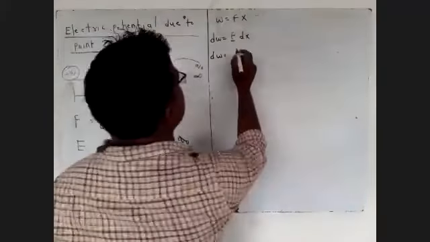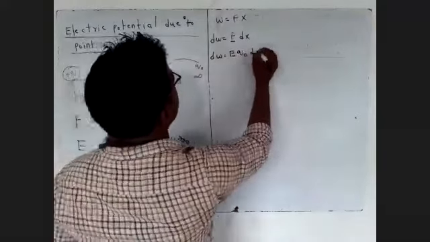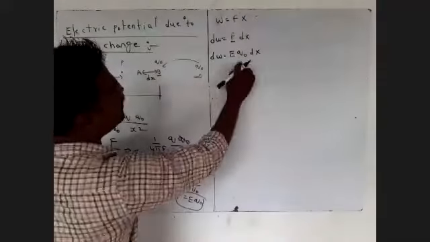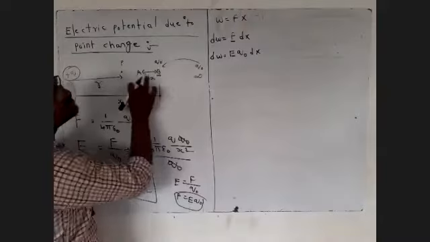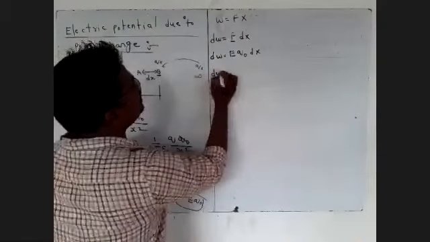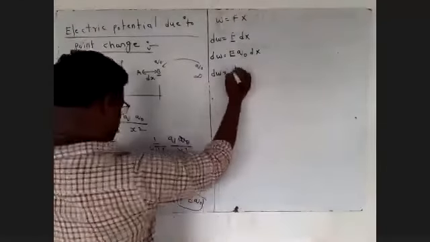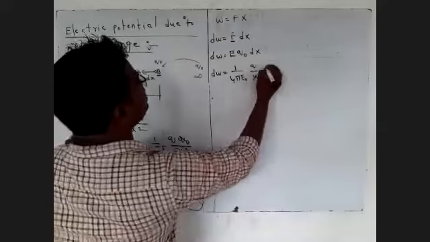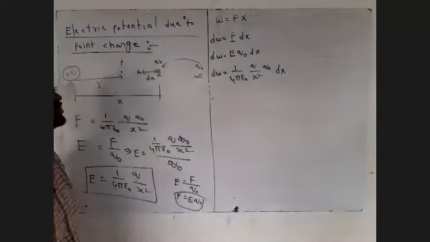So dW is equal to E Q naught dx. This is the small work done as the charge shifts from B to A. Here E is 1 by 4 pi epsilon naught, Q by x square, so dW is equal to 1 by 4 pi epsilon naught, Q Q naught by x square, dx.